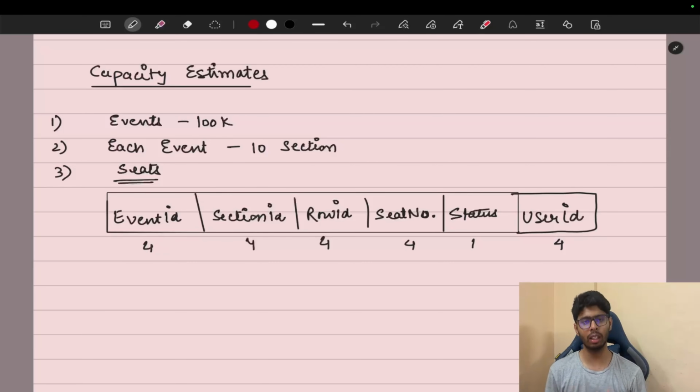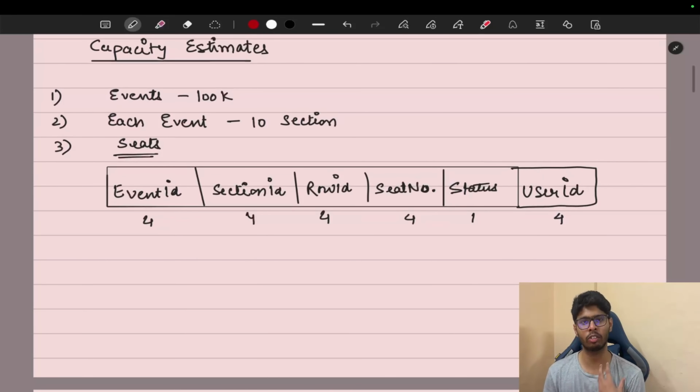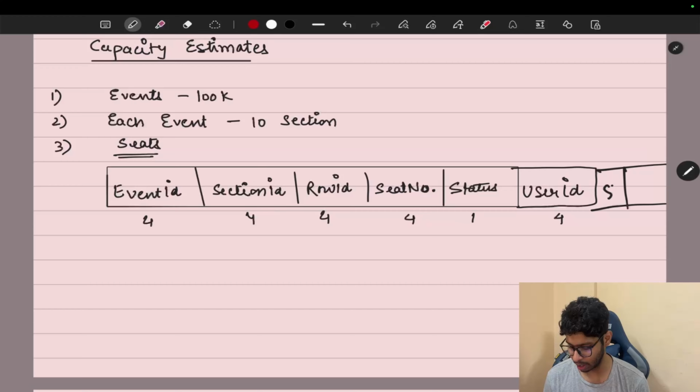Here the seat has an event ID, meaning the event, and there is a section in the event, then a row, and after the row there is a seat number. After that there is a status and a user ID. The status is free, locked, or booked, and of course, as we studied in the last video, there are the start time and expiry time. They are very similar to our last video.